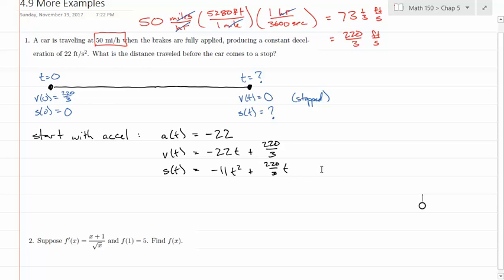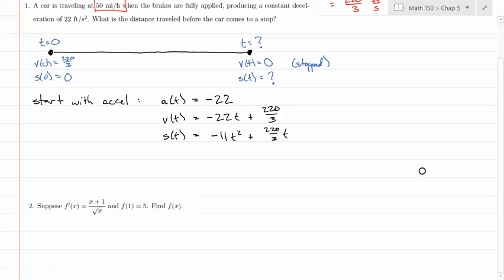So this is plus 0 right here. Okay. Now, we're trying to figure out s at the end here. So we want to figure out s of this t value, but we don't know the t value. So this is going to be a two-step process. First, we have to find the t value that the car stops. Once we find that t value, you can plug it into s to figure out how far the car went.